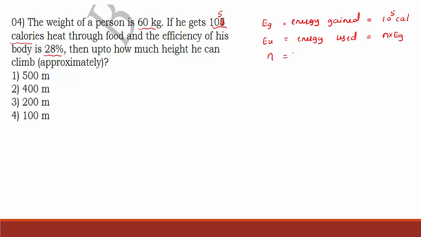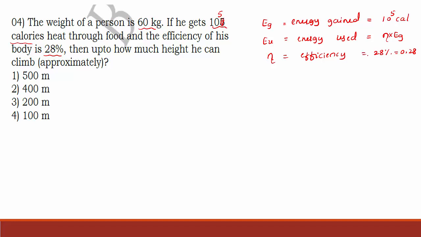So what is N here? Instead of N, I can write eta, where eta indicates efficiency. So what is the efficiency? It means how much energy he can utilize. It is given 28%, which is equal to 0.28.